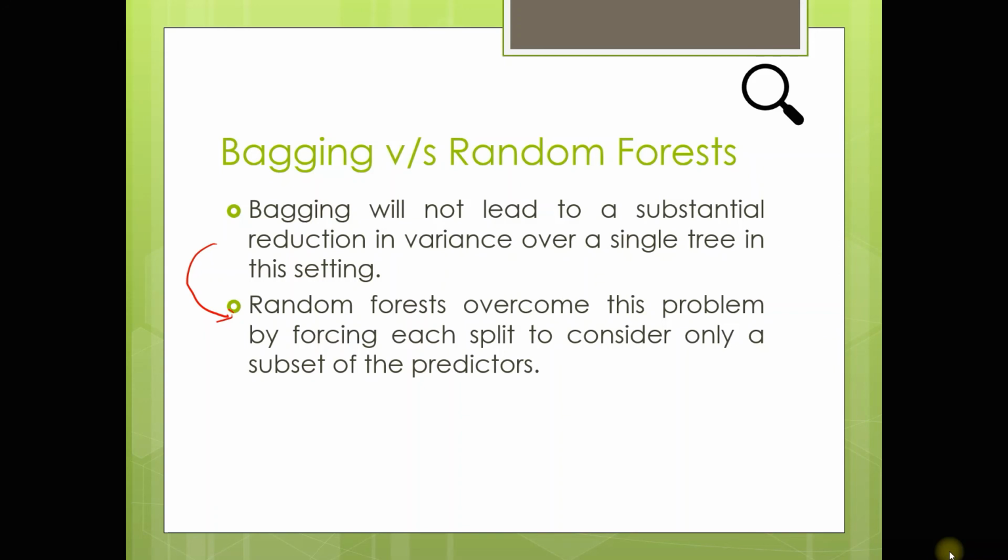The advantage that random forest has over bagging is that when you're averaging many correlated quantities, that does not lead to as large a reduction in variance as averaging many uncorrelated quantities. When you're averaging many uncorrelated quantities, you generally get a larger reduction in variance. So this is why the random forest has an advantage over bagging in that sense.